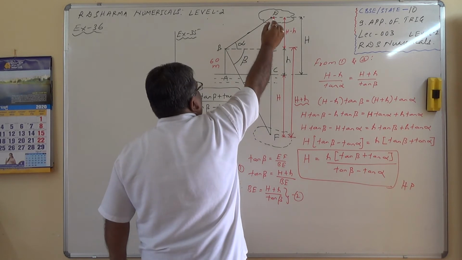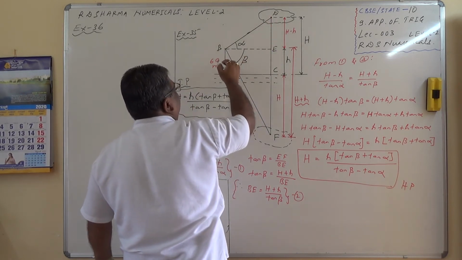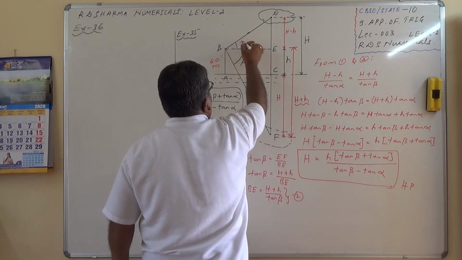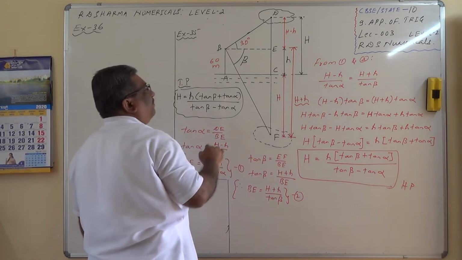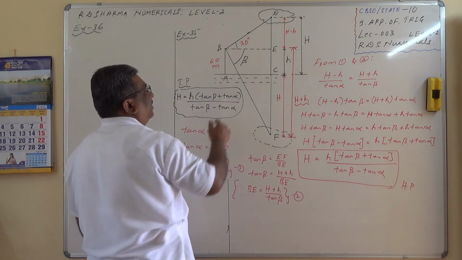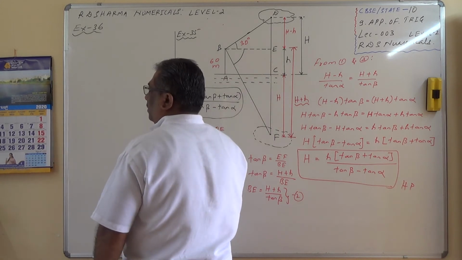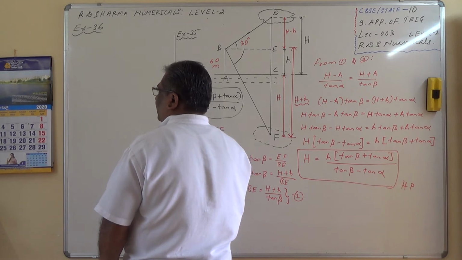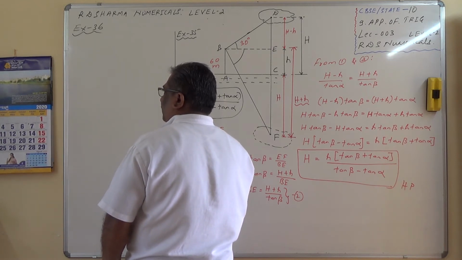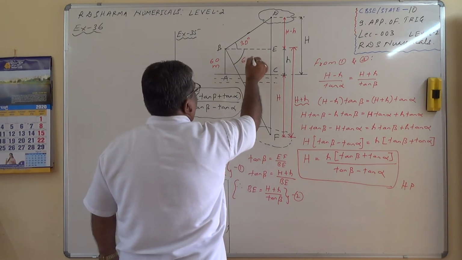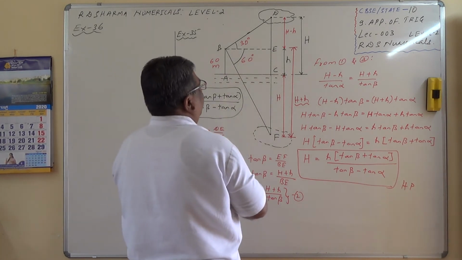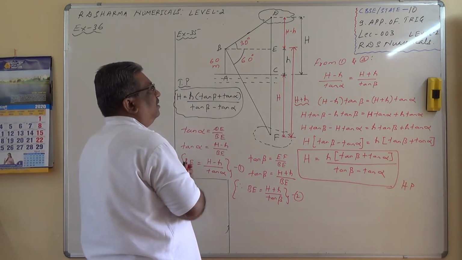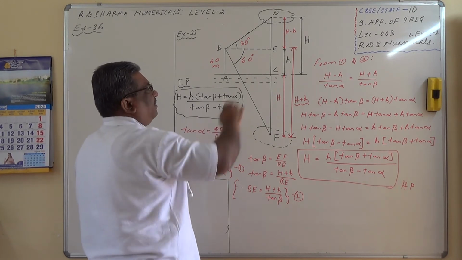The angle of elevation of the cloud observed from a height 60 meter above the lake is 30 degrees, so this alpha here is 30 degrees. And the angle of depression of the reflection of the cloud is 60 degrees. In this case, we need to find the height of the cloud. That is the question. A little bit of changes I am doing.